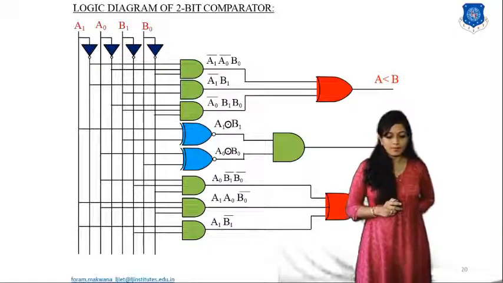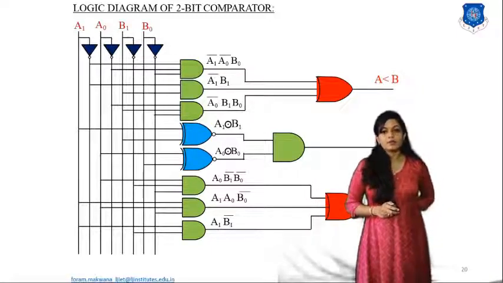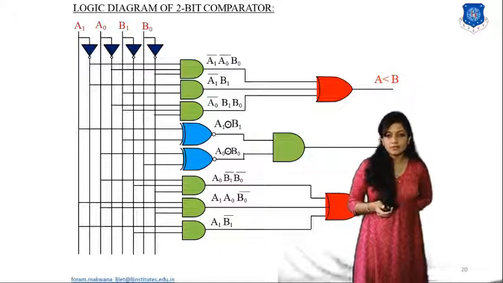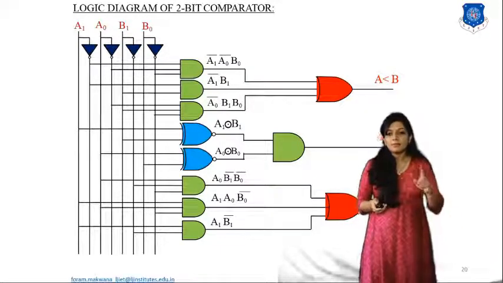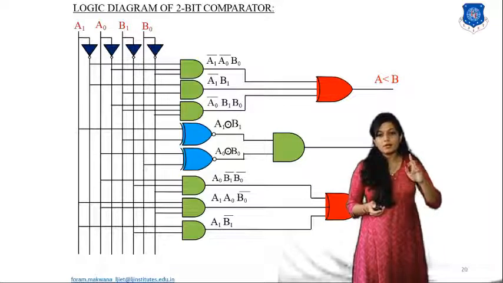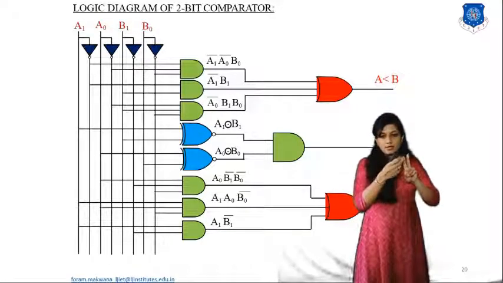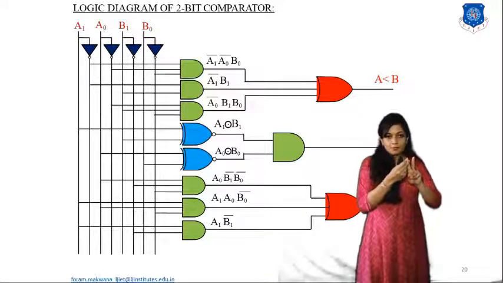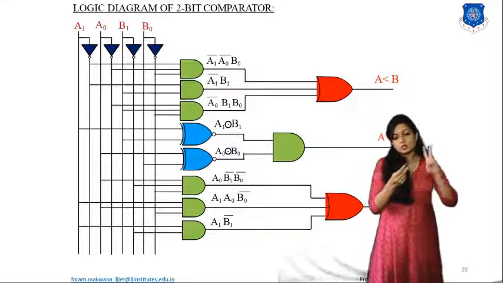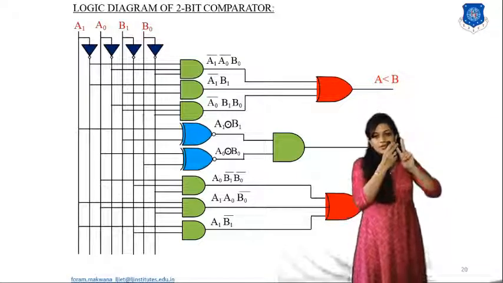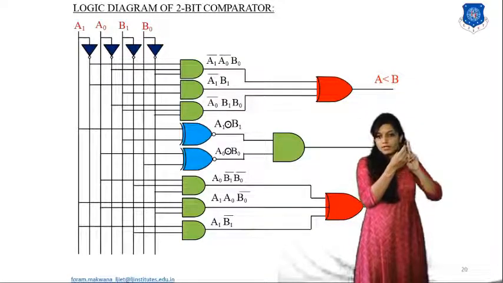The 2-bit comparator and the 1-bit comparator have a single difference: a single bit magnitude comparator only compares a single bit with another. But for the 2-bit comparator, two variables are there, one for A and one for B. A has 2 bits, B has 2 bits.